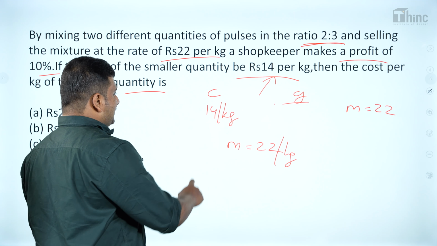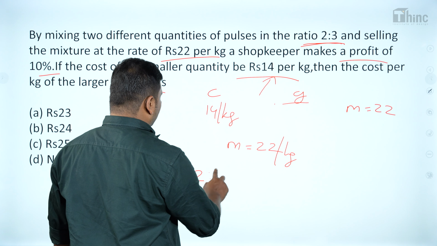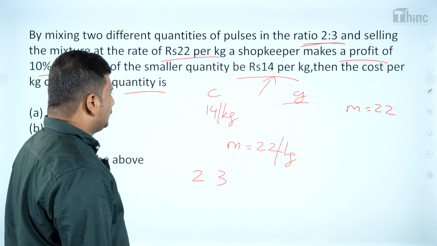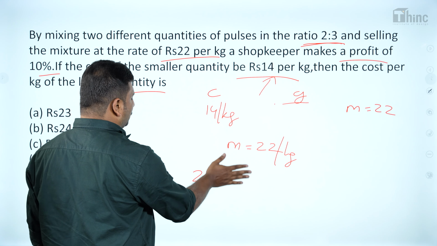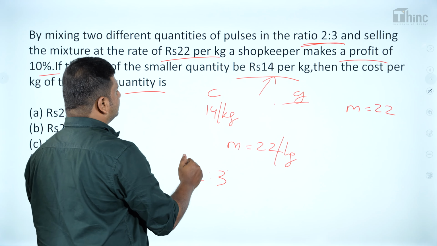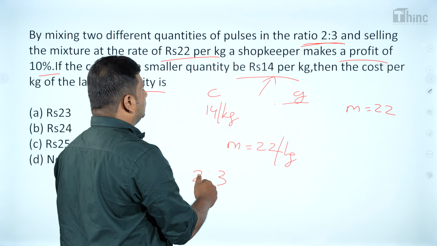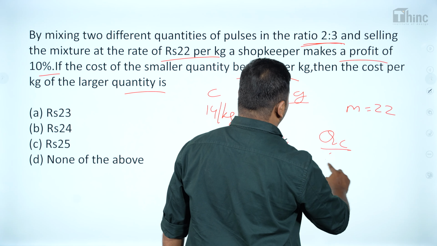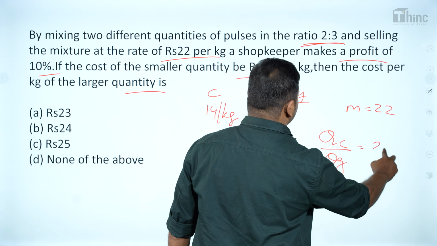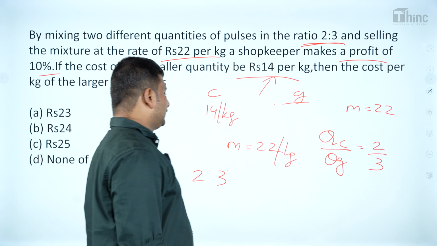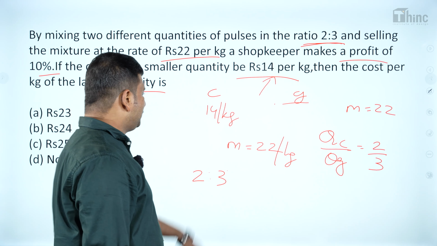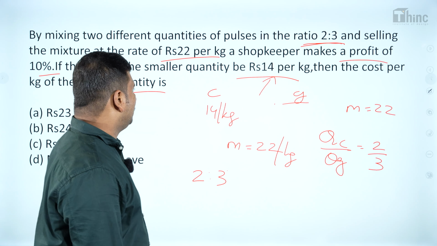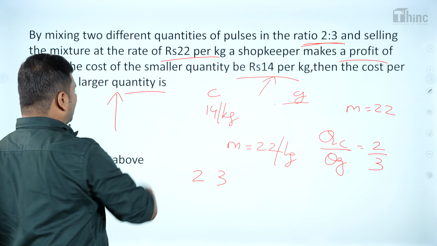The mixing is done in the ratio of 2:3, so we know the QC by QG ratio also. What is the QC by QG ratio? He is mixing these two in the ratio of 2:3, so QC by QG is nothing but 2/3. So you know the QC by QG ratio, the price of cheap quality and the mixture price, and we need to find the price of the larger quantity or good quality.